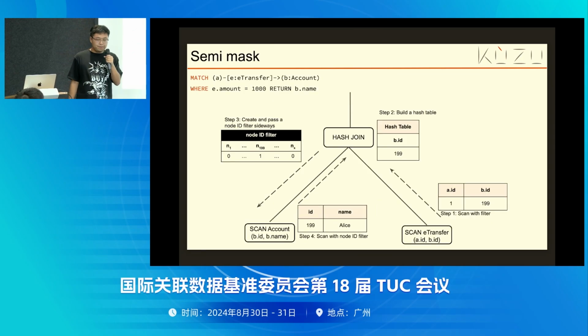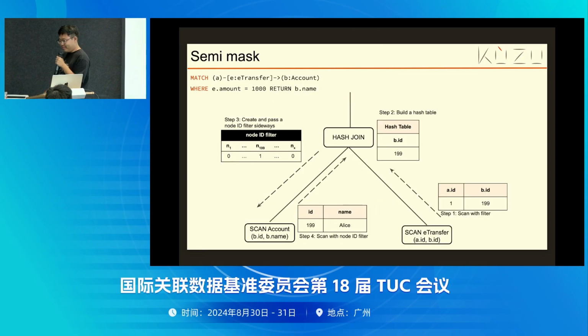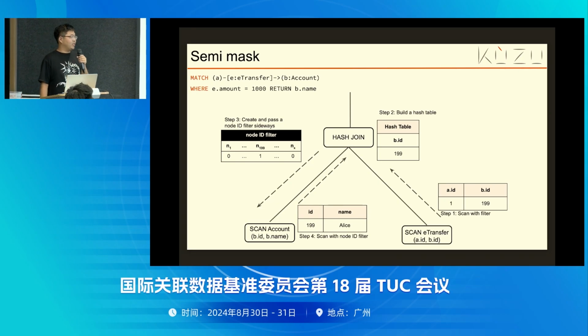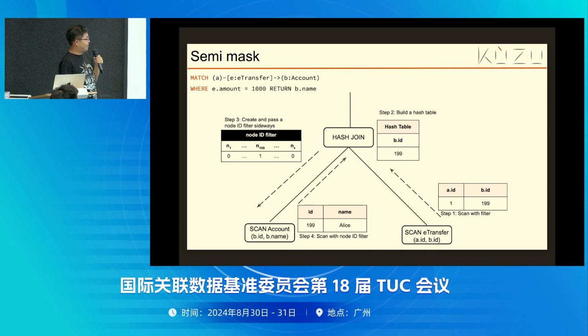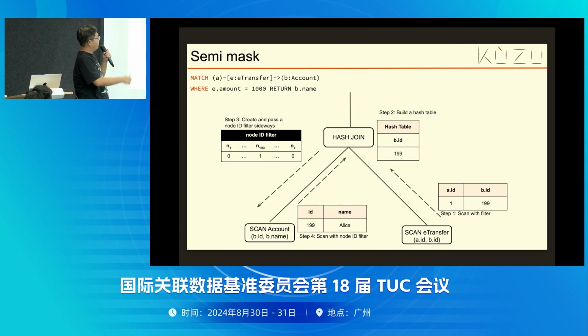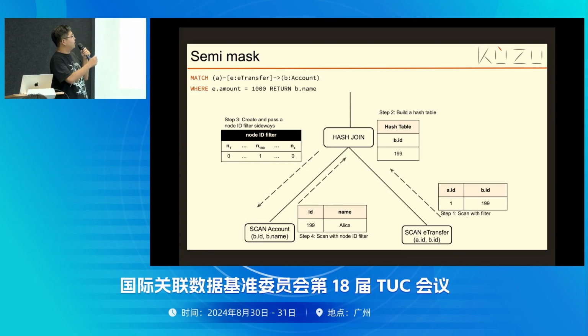Finally, we have what I call a semi-mask, but it's actually sideways information passing in the database context. I should explain this with an example. Suppose you do the most basic one-hop query: you try to find A to B transfer edges whose amount equals 1,000.